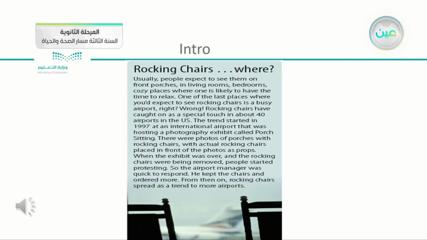1. Listen and discuss. Rocking chairs where? Usually, people expect to see them on front porches, living rooms, bedrooms, cozy places where one is likely to have the time to relax. One of the last places where you'd expect to see rocking chairs is a busy airport, right?